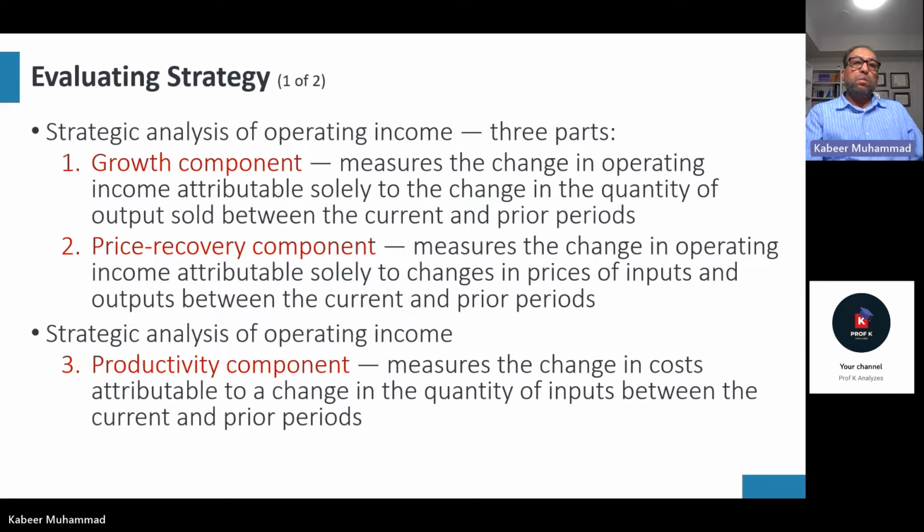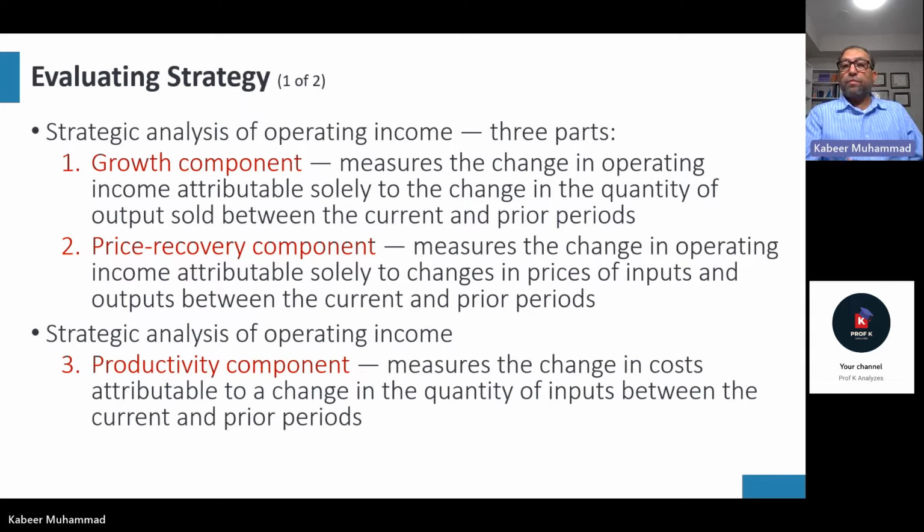The second is the price recovery component. It measures the change in operating income attributable solely to the change in the price of inputs and outputs. This means if the price is changing, like you are selling a product and the price increases from 100 to 120, this 20 increase in your revenue is not because of the efforts of the marketing department.